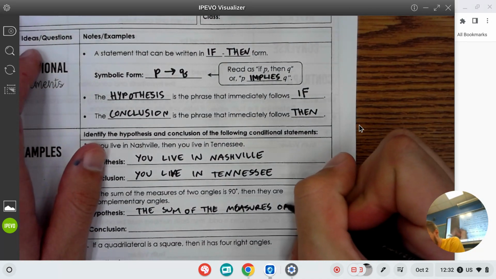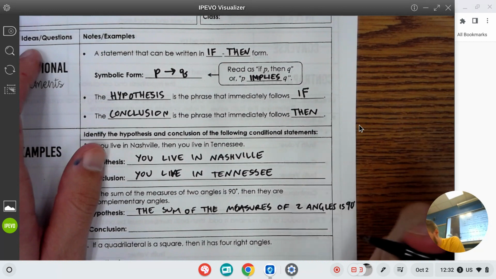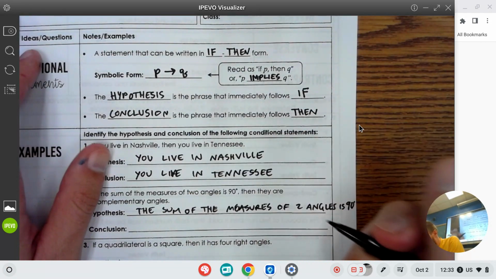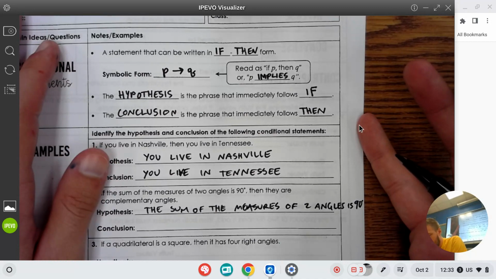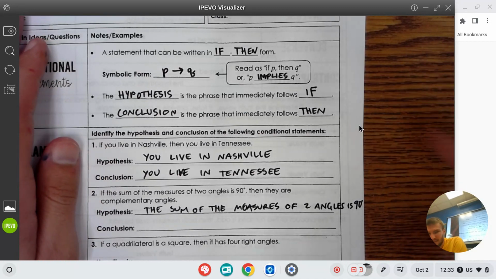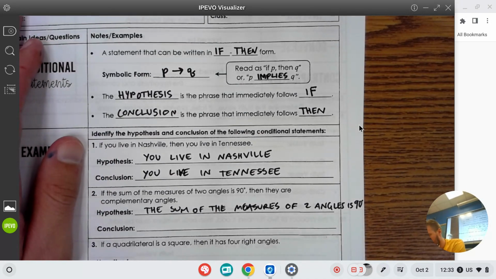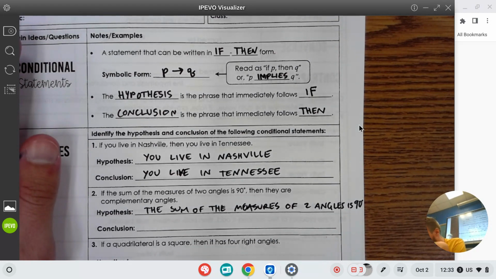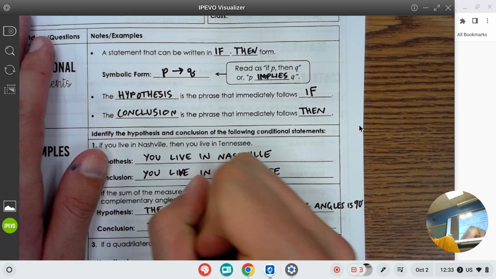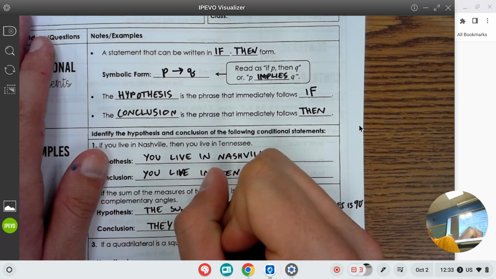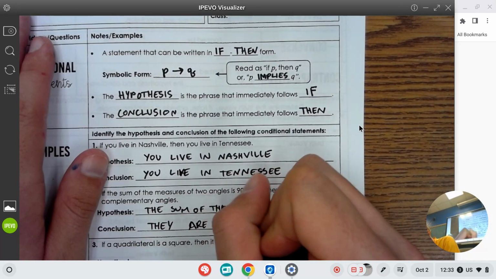My handwriting is just suffering on a Monday, so I apologize. The sum of the measures of 2 angles is 90. I need to pick my handwriting up. I'll do a little better. What's the conclusion? They are complementary angles.